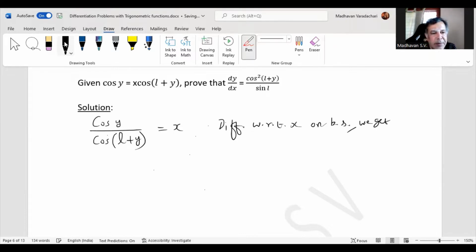on the left hand side, it is like u by v. So I have to first write down the denominator, which is cos of (a plus y), times the derivative of the numerator.